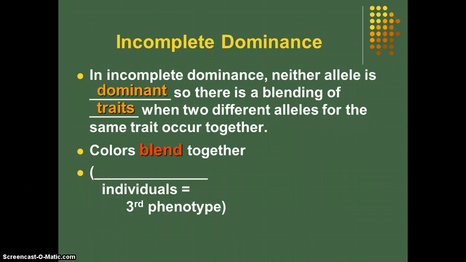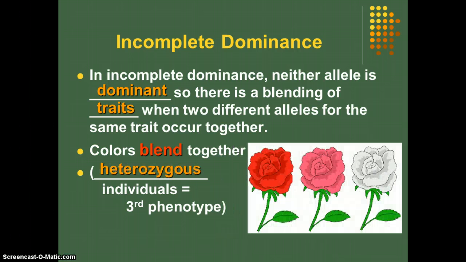So colors will tend to blend, which leaves that heterozygous kind of equaling a third phenotype. If you take a look at the flowers in the image at the lower right hand corner, if you take a yellow and a white, put them together with the heterozygous genotypes, we can end up getting the pink, which is the blended combo.